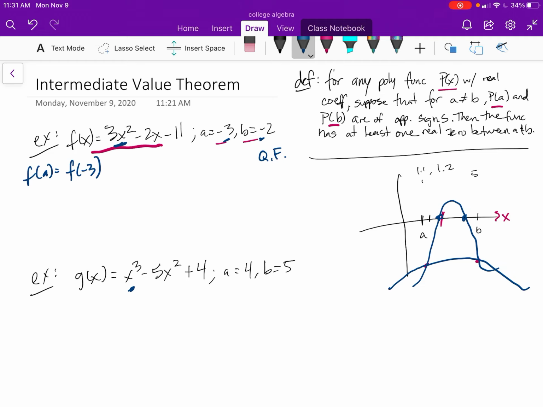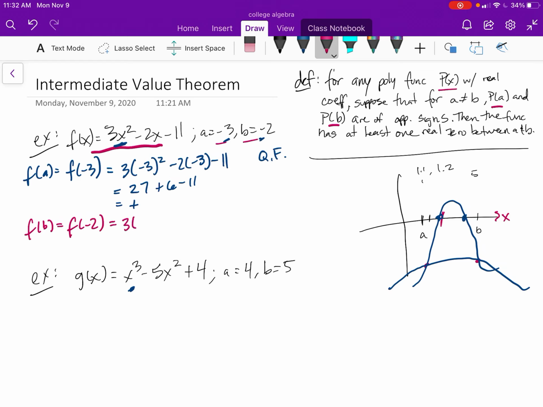So f of -3. I would have 3 multiplied by -3 squared minus 2 multiplied by -3 minus 11. That's 9 times 3 is 27 plus 6 minus 11. And we get positive. Okay, f of -3 is positive. Let's do f of b, which is f of -2.